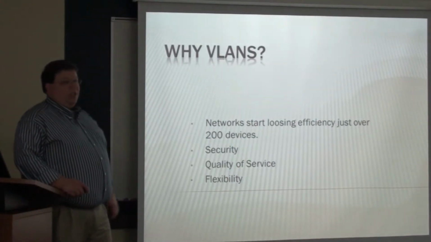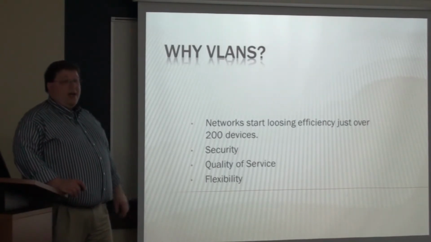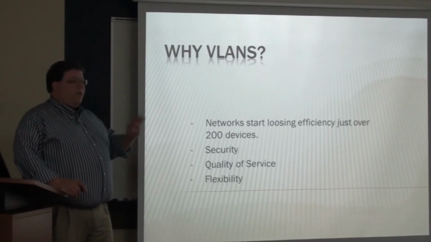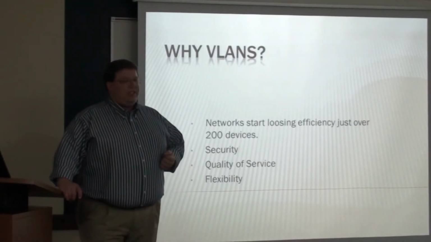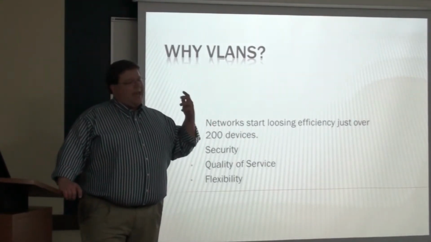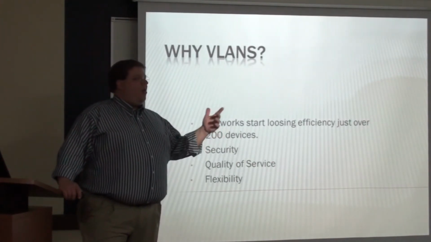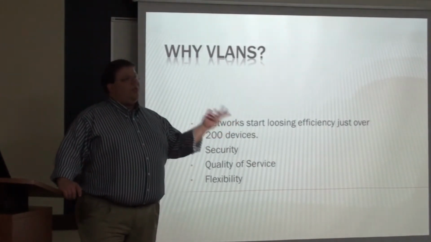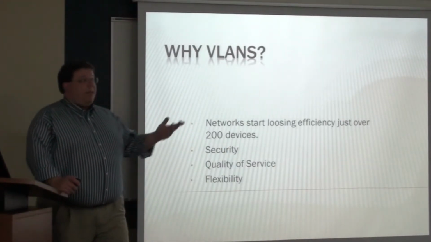Another good reason is security. Say you have an accounting department. You may want to segregate that off because it has very sensitive information that it's dealing with, and you don't want everybody on your network to be able to access information that is on that segment of your network. Or, another good thing that you can do is you can set up a VLAN in your network for public access.